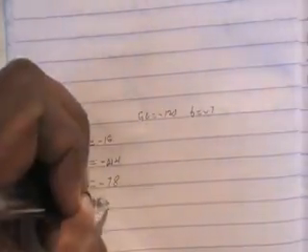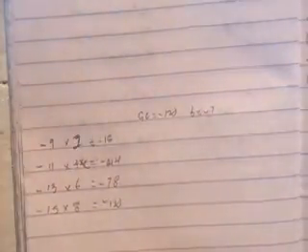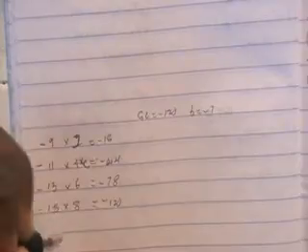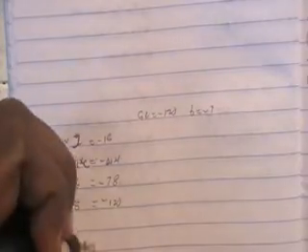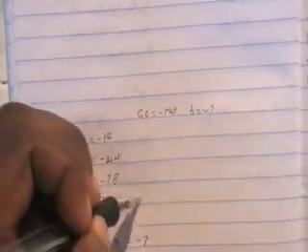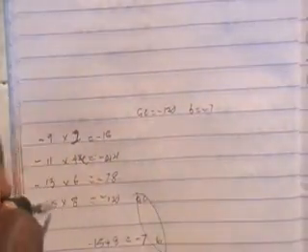Minus 15 times 8 will give you 120, so I get my negative 120. So that is all. And when you add minus 15 and 8, you'll get back your minus 7. So then we get our AC, and then we get our B in these two numbers here. So that's how you can conjure up your numbers.